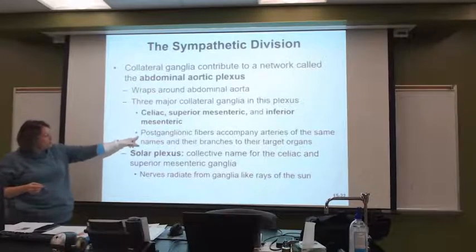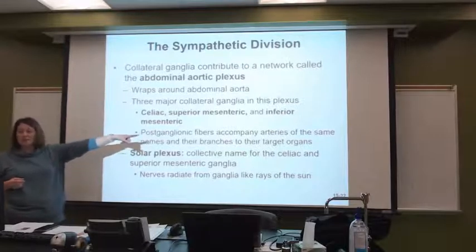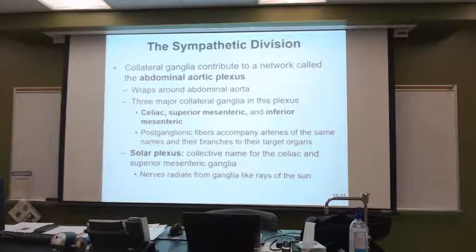So those post fibers, now look what they get to do. They get to accompany arteries of the same name to get to their target organ. Because if they're off of the abdominal aorta, branching that occurs, the nerve fibers can continue along that route.